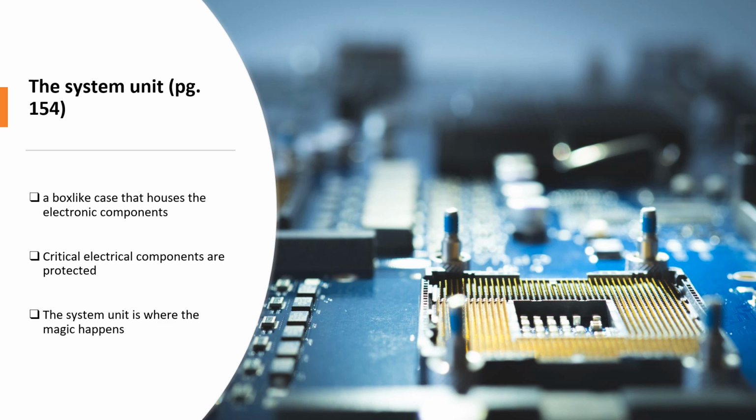A system unit is a box-like case that houses the electronic components. A system unit is a critical electrical component that is protected. A system unit is where all the magic happens in just one computer.